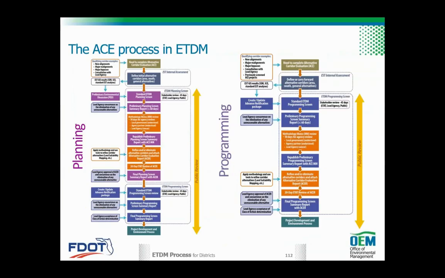Here are some really crazy flow charts. It's really those earlier planning and programming screenings turned vertically, and inside of each of them are activities related to the alternative corridor evaluation process. As we said, when you want to do a more detailed evaluation of proposed alternatives, you need to have a methodology in place.